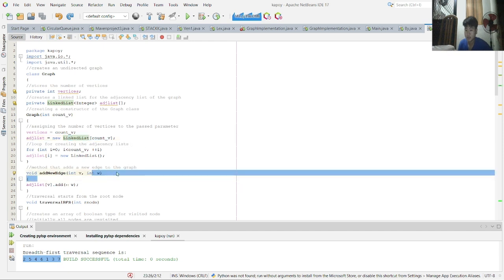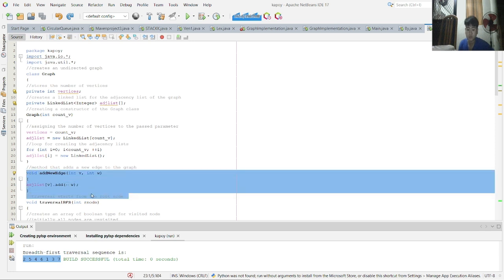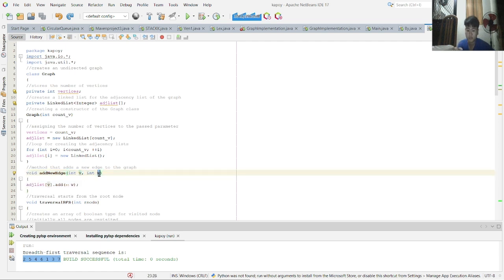The void addNewEdge(int v, int w) means to add an edge between vertices v and w, by appending w to the adjacency list of v.